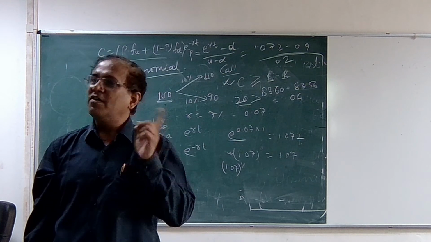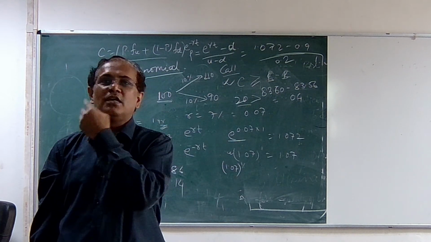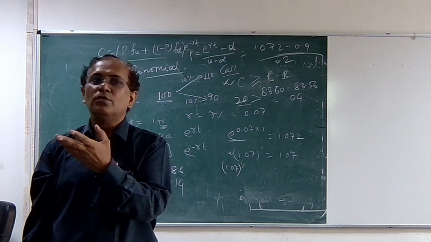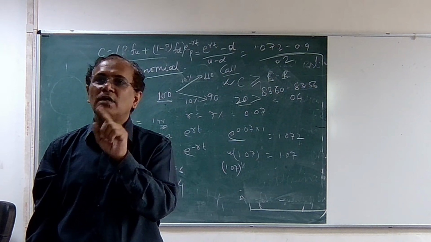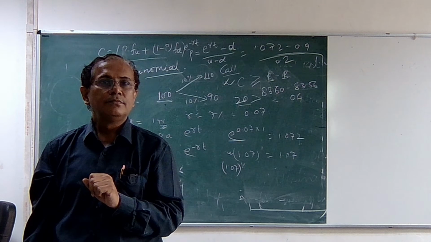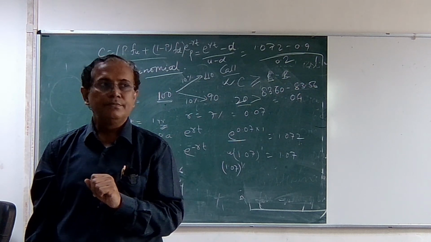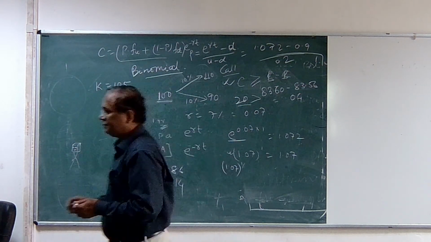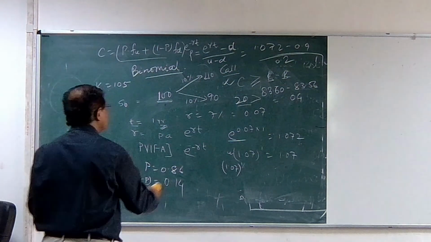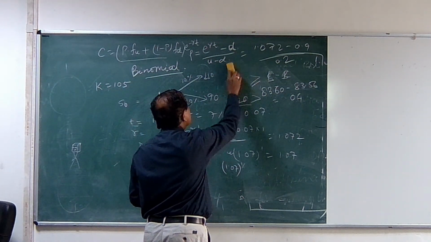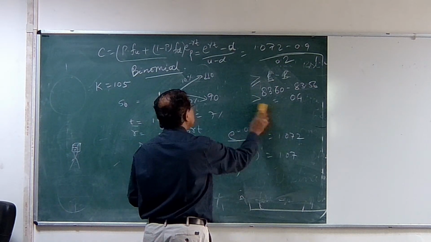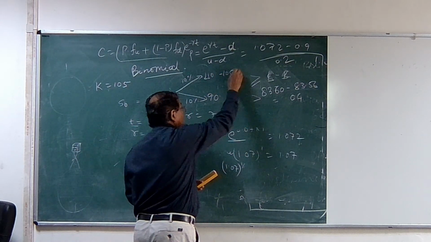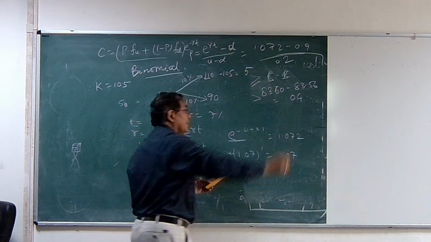The value or gain to the long position holder, the option buyer, in the case of call, is S minus K. So, Fu will be, when upward movement is there, 110 minus 105, how much is going to be the value? 5.